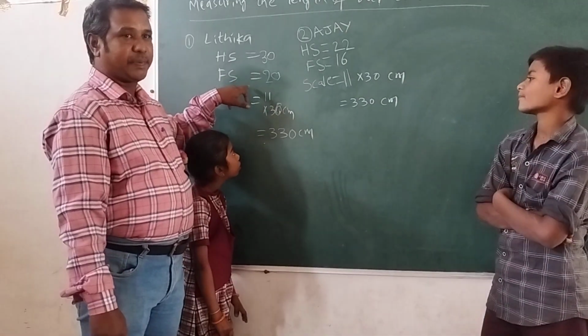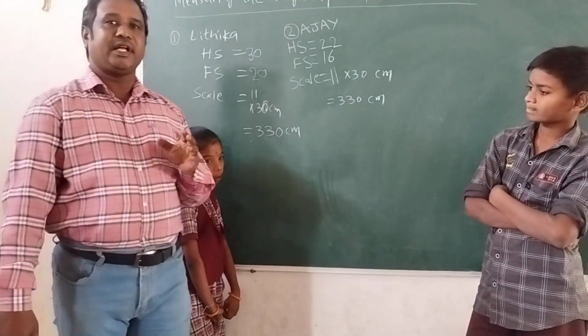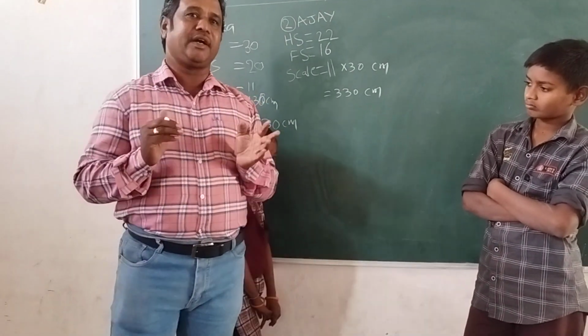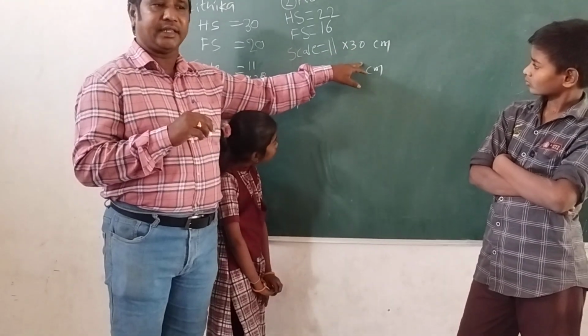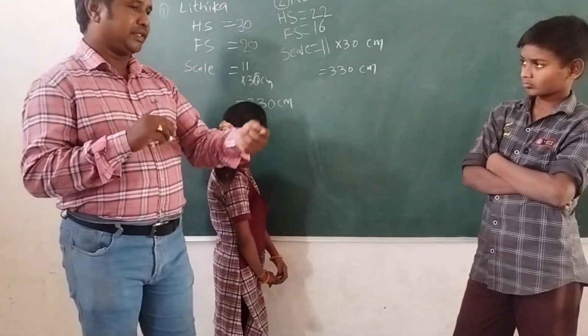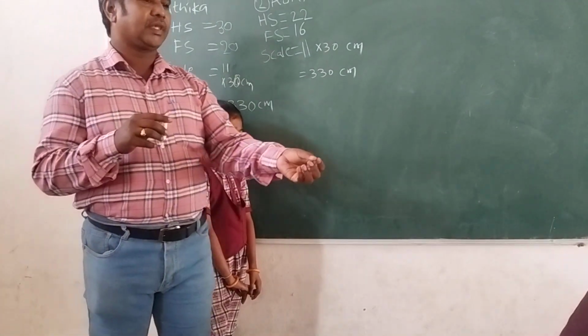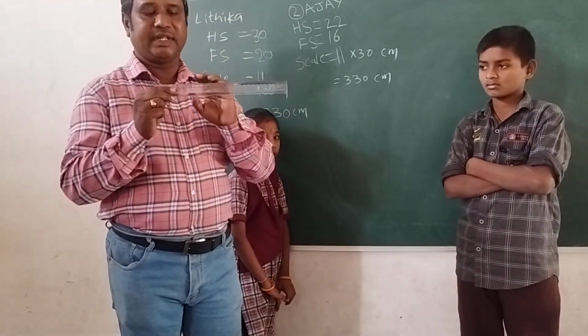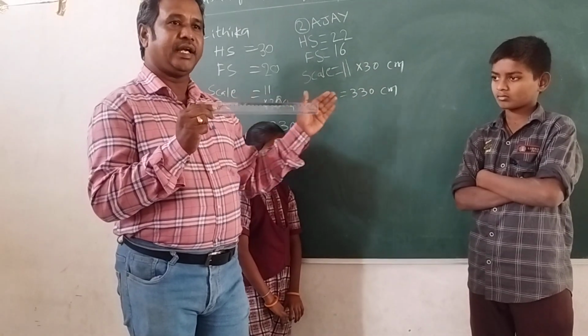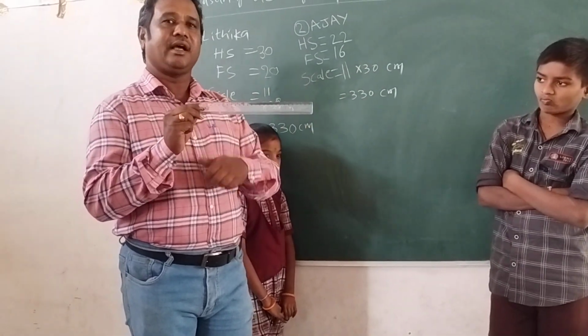But both of them took a standard scale. The standard scale is of 30 centimeter length. So this is the scale used here with 30 centimeter length. Both Ajay and Litika use the 30 centimeter scale.